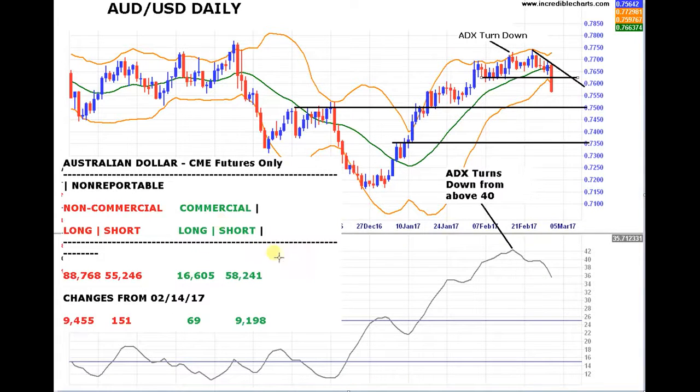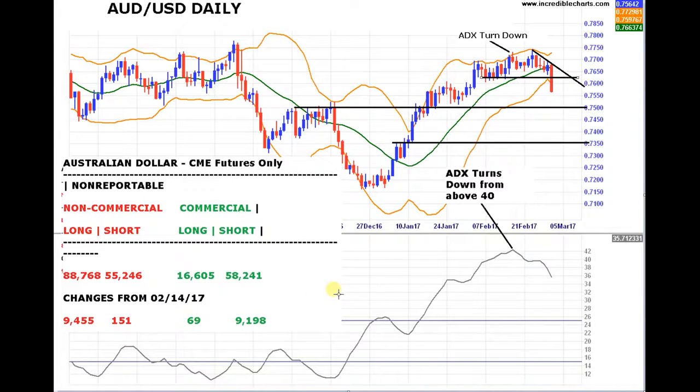On the other side, commercials, what are they doing? They've got 16,000 odd longs, 58,000 shorts, so they're well over 3 to 1 in terms of shorts over longs. What's interesting for us is they've put in 9,198 shorts on this report, only 69 longs.